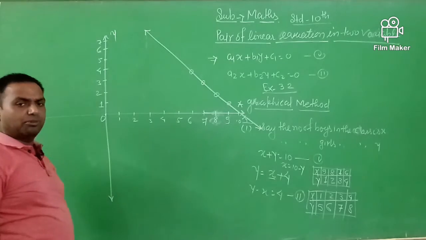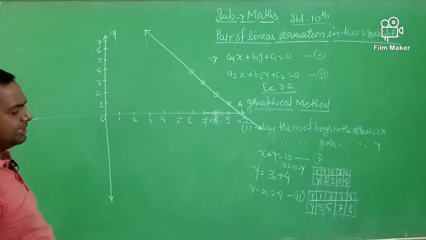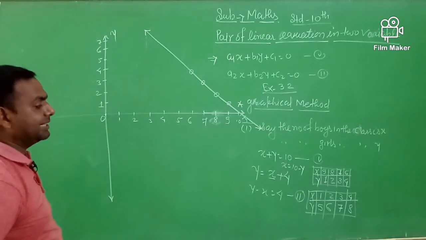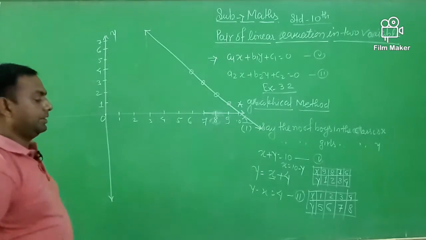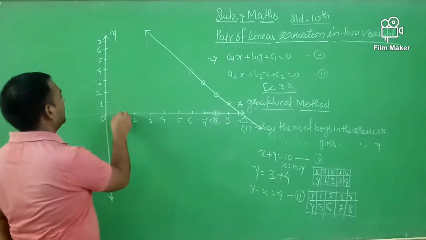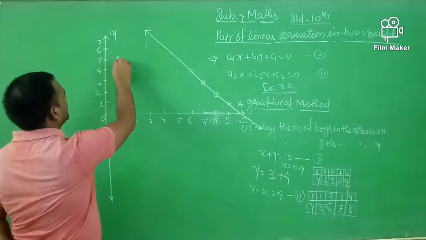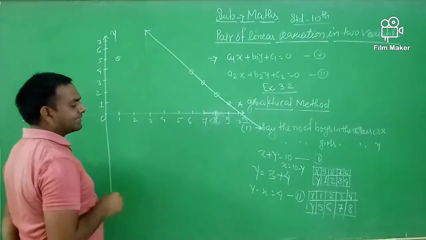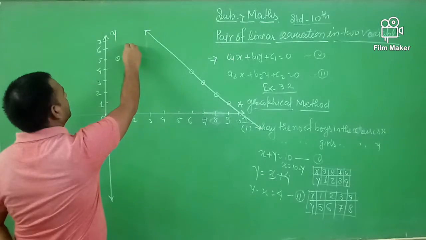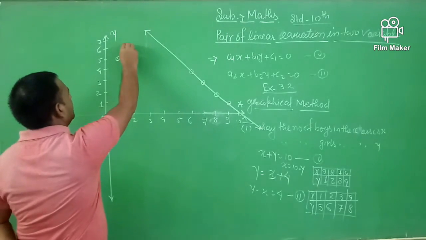Then you take the values of x and y for the second equation. Here you can see x is equal to 1. If x is equal to 1, then y is equal to 5. If x is equal to 2, then y is equal to 6.